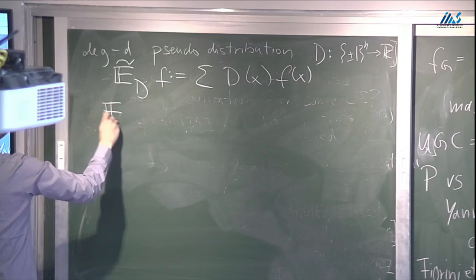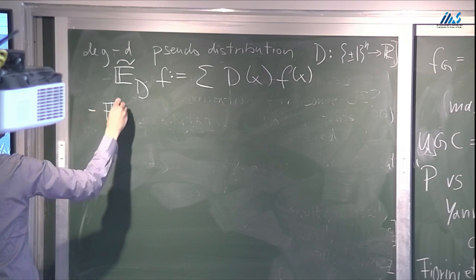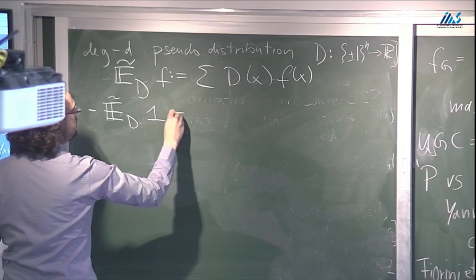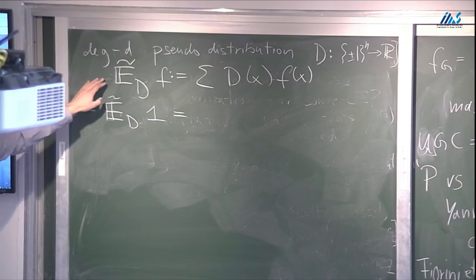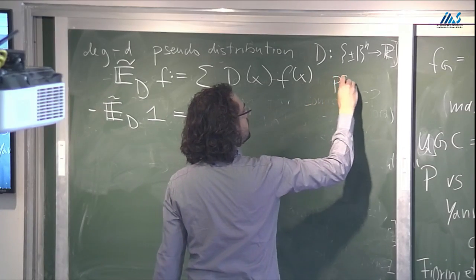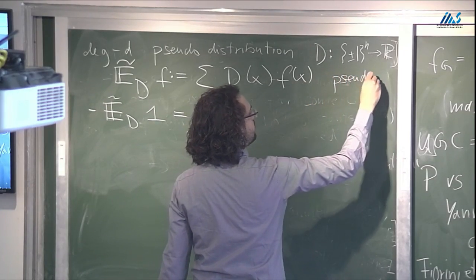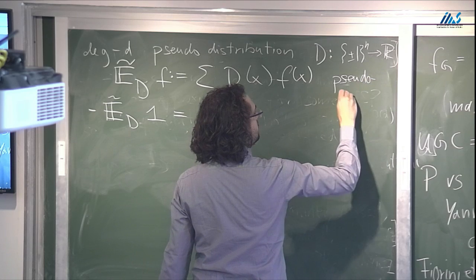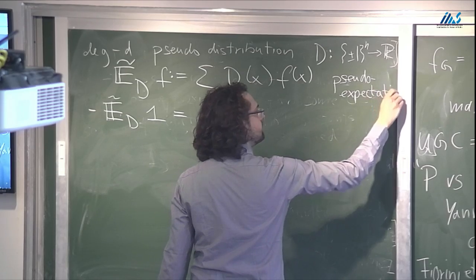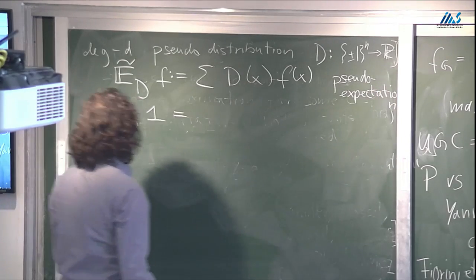The conditions on what it means to be a degree d pseudo-distribution are, first, this here we will call the pseudo-expectation of f under D. Just a suggestive name.